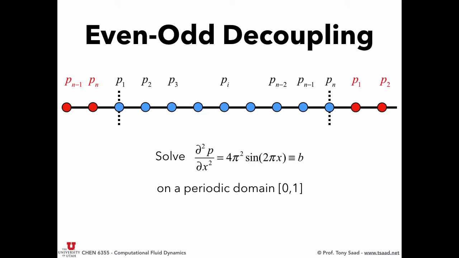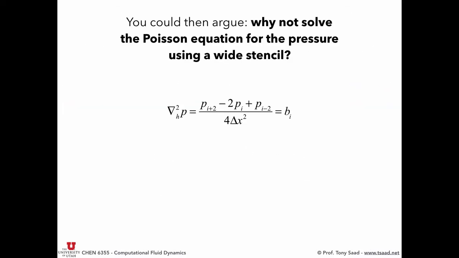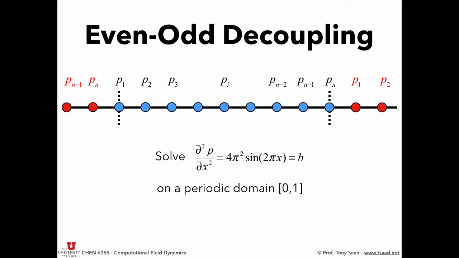So let me explain to you what happens. Assume you are solving on a grid, a periodic domain. In the red points here, I'm putting the periodic points. So P1 and Pn need to be equal. Therefore, this should be P2 and this is P3, because these are periodic points. And this guy is Pn minus 1, and this is Pn minus 2.